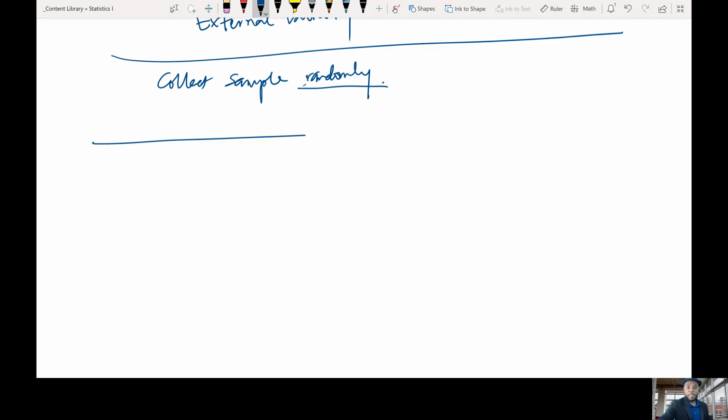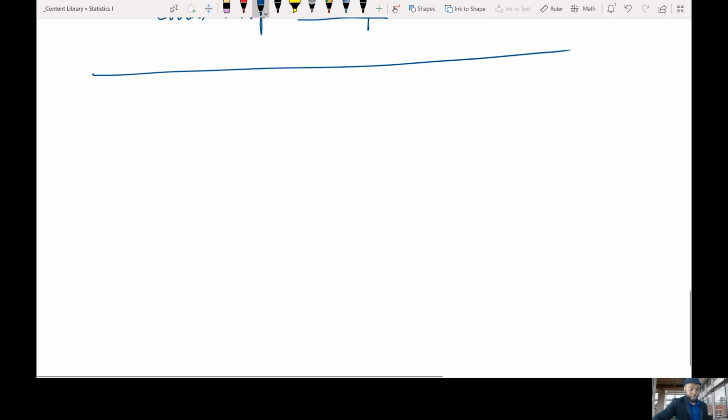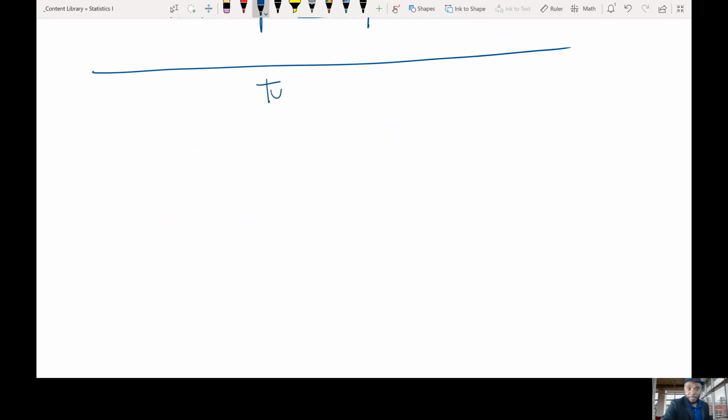Okay, next, let's look at something different. Types of data. There are generally two types of data. We have quantitative data and we have qualitative data.